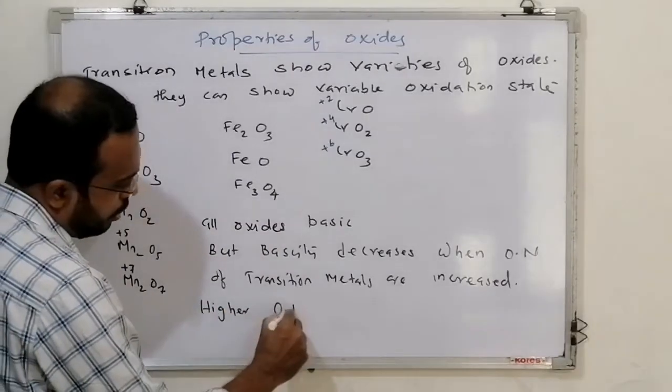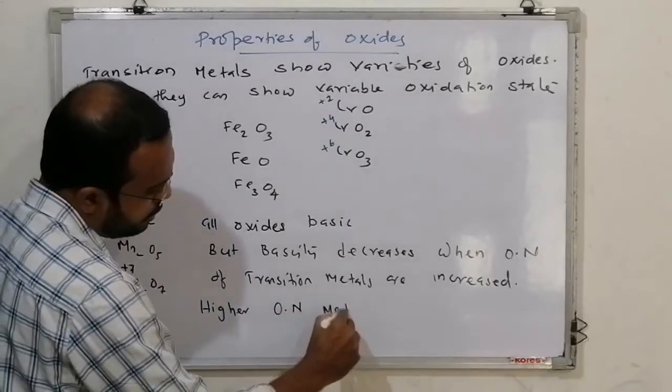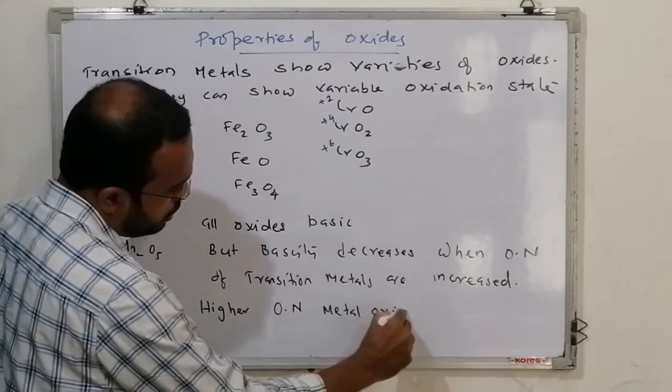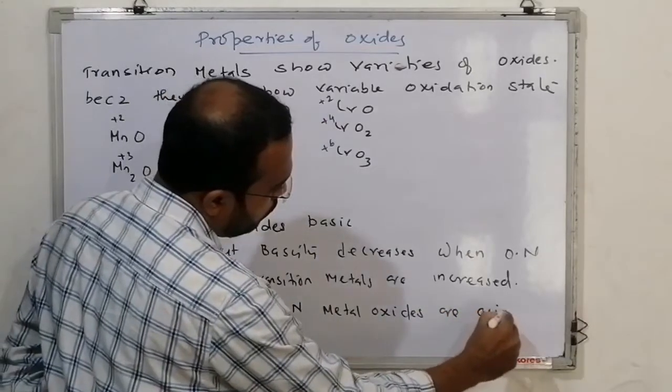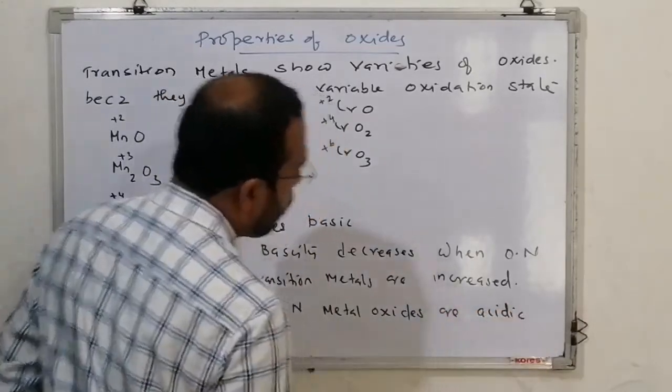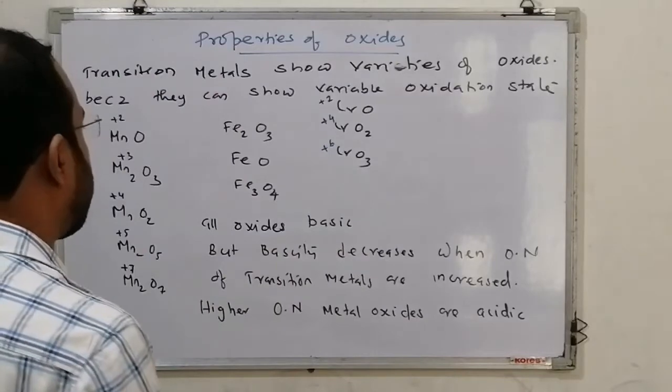Higher oxidation number metal oxides are acidic.